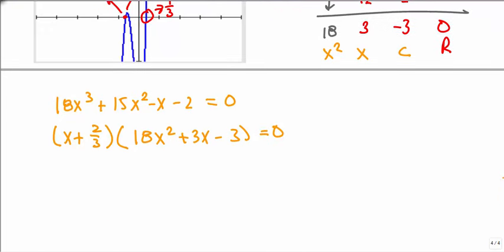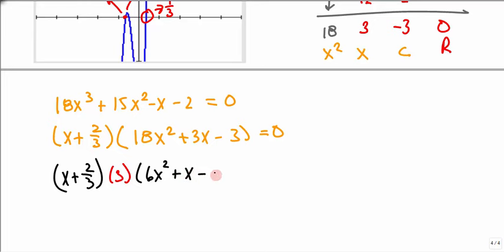So if we can, it would probably be nice if we could just factor this by hand. And I see that we have a greatest common factor of 3. So I could pull a 3 out. So I have x plus 2/3. I'm going to go ahead and pull a 3 out to make my work a little bit easier here. So that would be 6x squared plus x minus 1 equals 0.